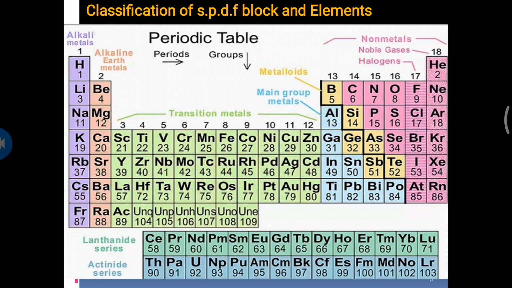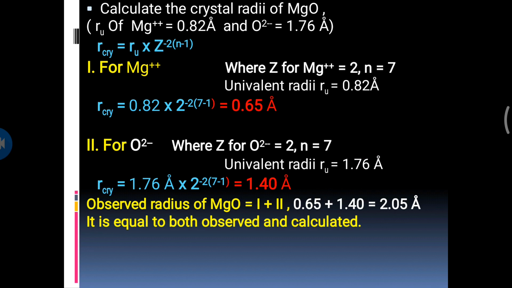So that's why we have used n equal to 7, and this n equal to 7 is the Born exponent. The univalent radii of O2 minus is 1.76 angstrom. So calculate the crystal radii of O2 minus by putting in the values: 1.76 angstrom into 2 square minus 2 into 7 minus 1.